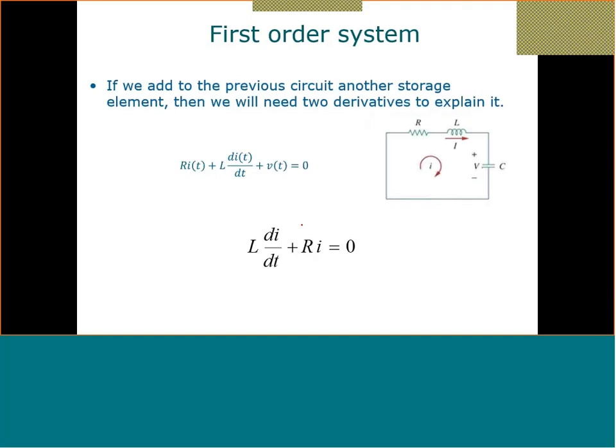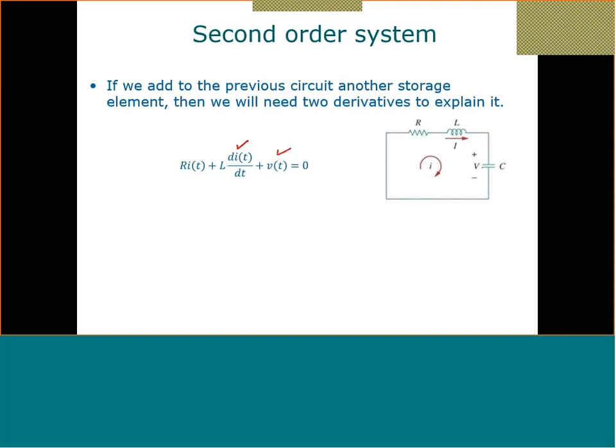Now, if I add both the capacitor and an inductor, you may not have seen this. I think it's in another circuit course. But you will see those second order differential equations. Now again, applying KVL, the voltage across the resistance is R times I, the voltage across the inductor is L di by dt, and the voltage across the capacitor is V. Now this equation has two unknowns: it has the current and it has the voltage.